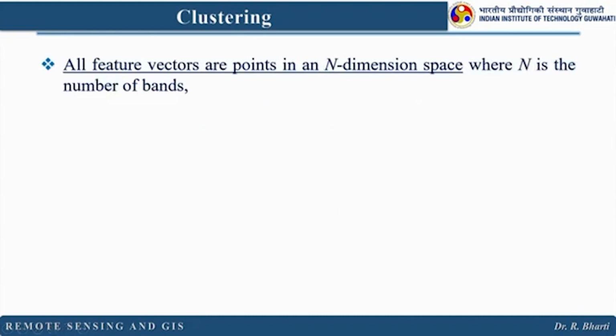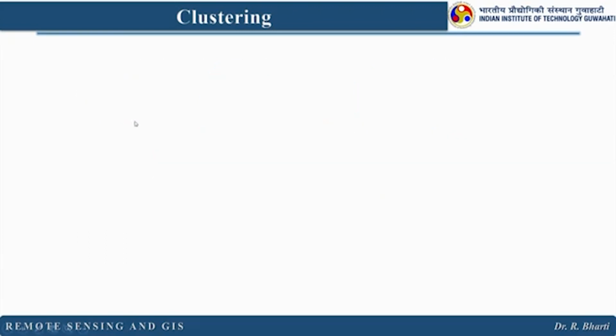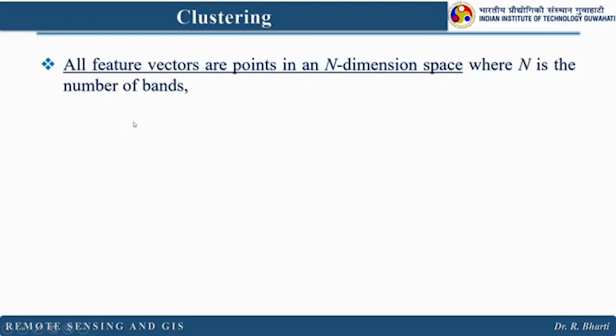All the feature vectors are points in n-dimensional space, where n is the number of bands. So in the previous case you have seen this is a 2D feature space, but it is not necessary that you will always have a 2-dimension plot, because your input data sets can be 5 dimension, 10 dimension, 50, 100, thousands of dimensions.